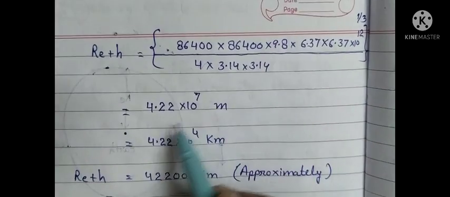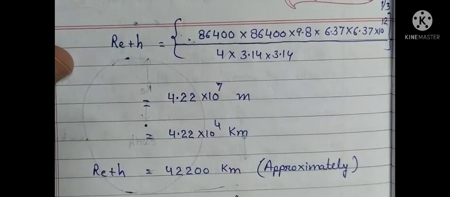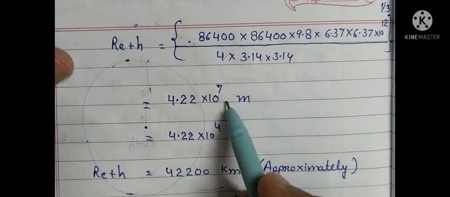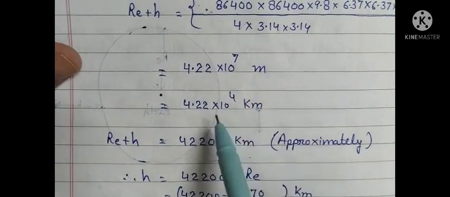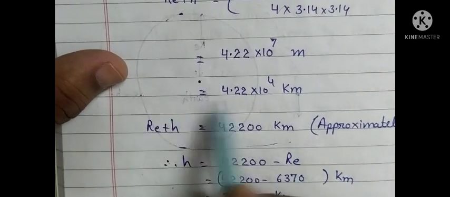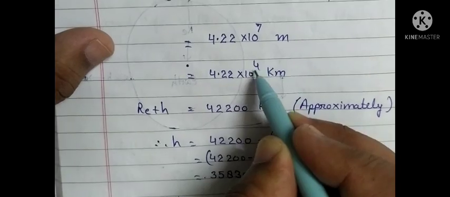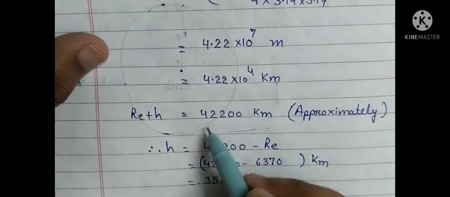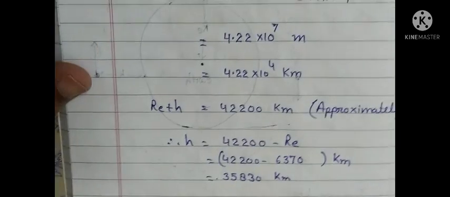After solving this, we have 4.22 into 10 to the power 7 meter, and dividing it by 1000 gives the value in kilometer. So RE plus H is equal to 4.22 into 10 to the power 4 kilometer, that is 42,200 kilometer approximately.